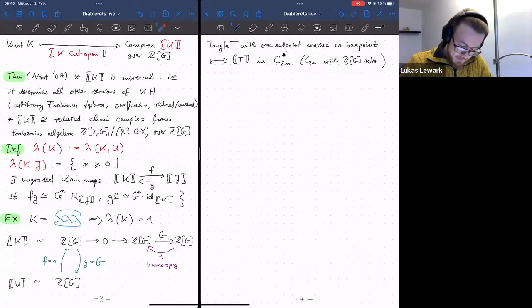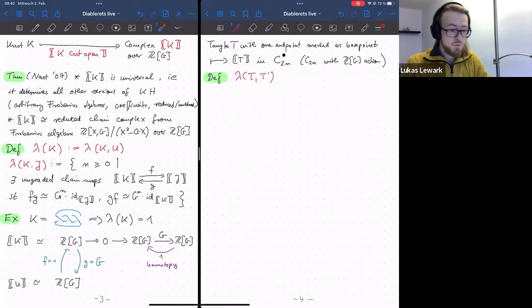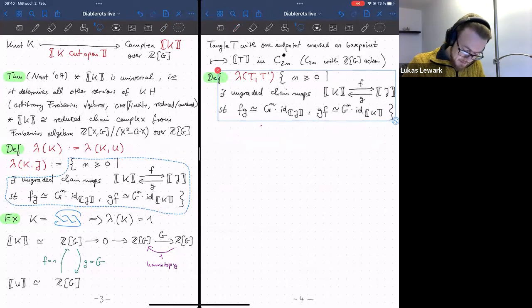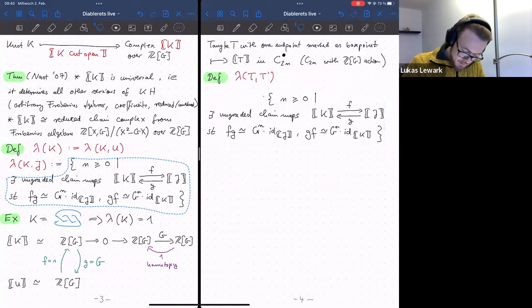And then we can define lambda of two tangles with the same number of endpoints at the same base point, just verbatim exactly the same as we did for knots. I mean, I can really just copy this here and replace K and J by T and T prime. It's really exactly the same definition.